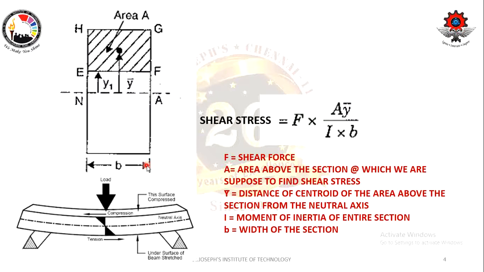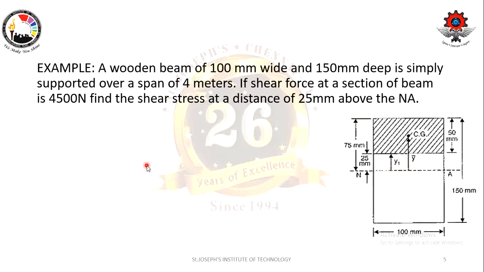Now we will see an example problem that will give you an idea how shear stress is found at a particular junction in a rectangular cross section of a beam. Coming to the example, a wooden beam of 100 mm wide and 150 mm deep is simply supported over a span of 4 meters.